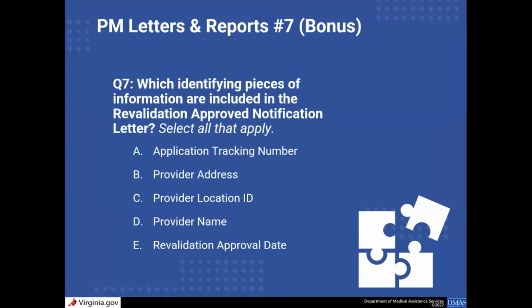So question 7, which identifying pieces of information are included in the revalidation approved notification letter? Select all that apply. The application tracking number, provider address, provider location ID, provider name, or the revalidation approval date.